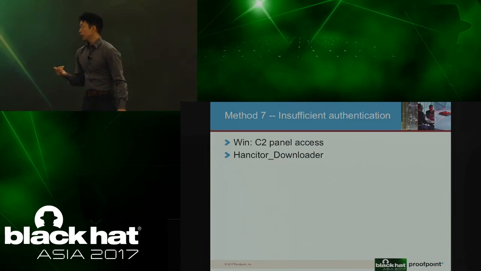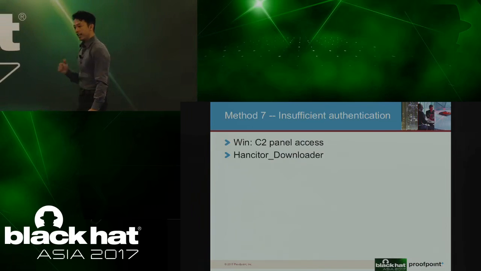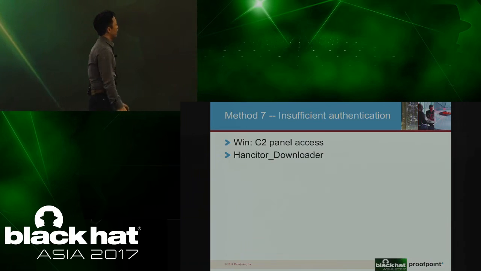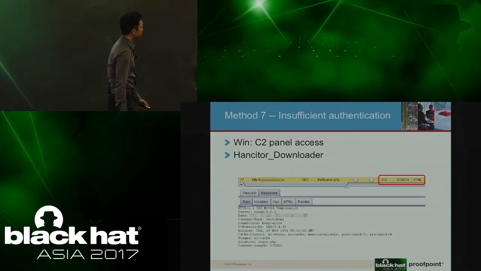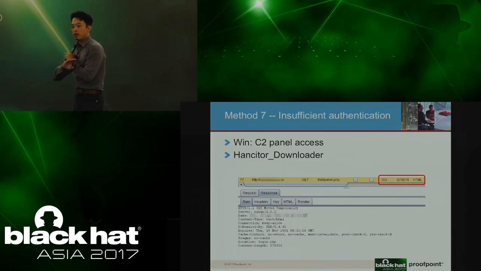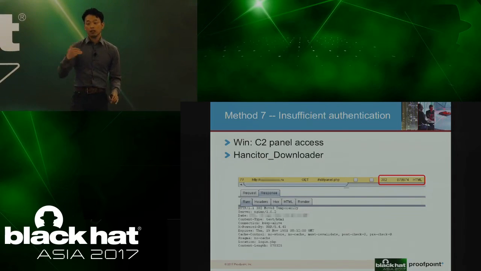One technique that we can look for is insufficient authentication. For us, it worked against the Handsitter downloader actor. Whenever they're not happy with your password or your IP, they won't authenticate you. They'll log you out, or they won't let you log in.